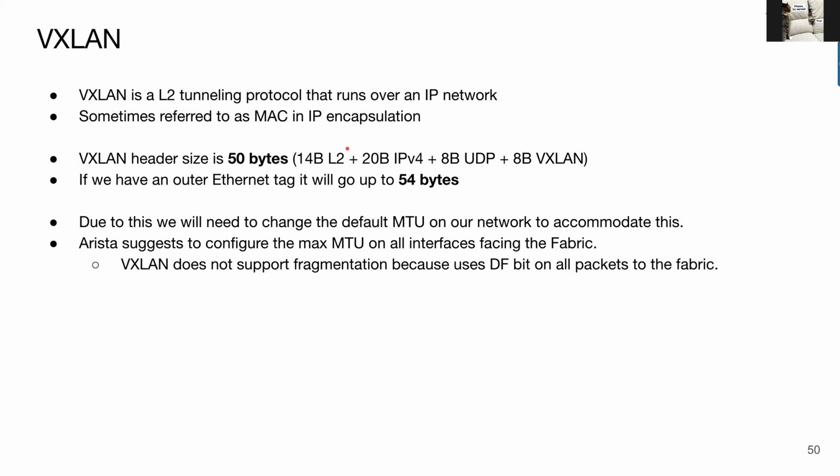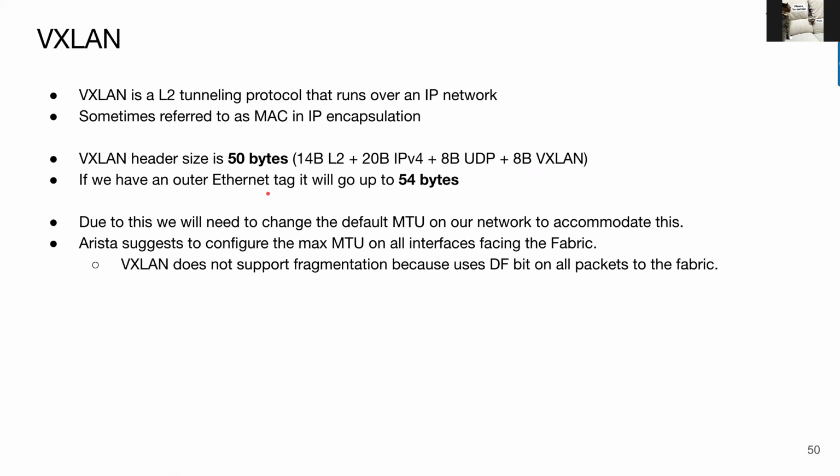The header size is 50 bytes: 14 bytes of L2, 20 bytes of L3, 8 bytes for our UDP, and 8 bytes for our VXLAN header. If there's an Ethernet tag, it will go up to 54.